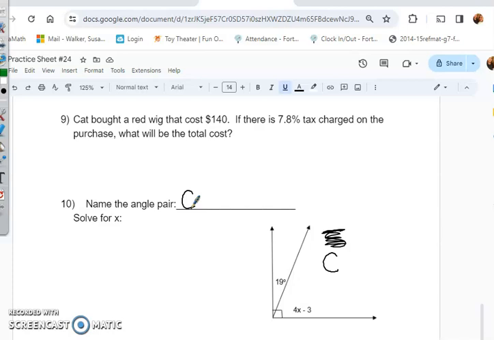So it starts with a C. And remember that C becomes a 9 for 90. Now, we are going to write our equation. 4x minus 3 plus 19. That is your job to finish that.